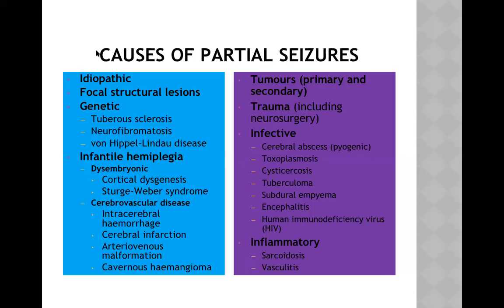Now, the third important genetic condition which is listed here is von Hippel-Lindau disease or von Hippel-Lindau syndrome. This is a bit rare in comparison to the other two, and in this condition there would be a lot of cyst formation inside the body in different organs, and if these cysts occur inside the brain, they may lead to epilepsy or seizure disorder.